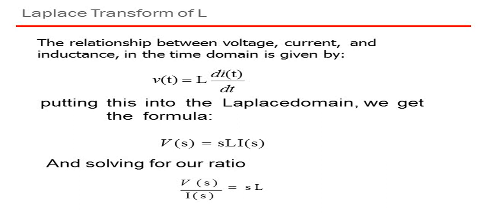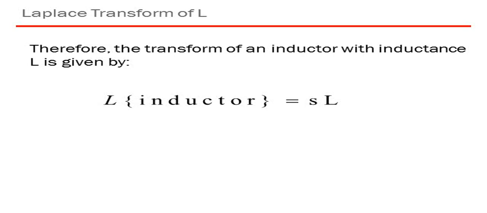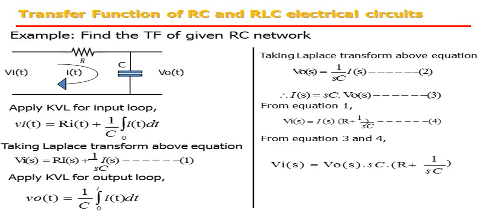Then we take the ratio, that is the Laplace transform of output divided by Laplace of input, V(s) divided by I(s). That is equal to sL. So the Laplace transform of an inductor is given by sL.